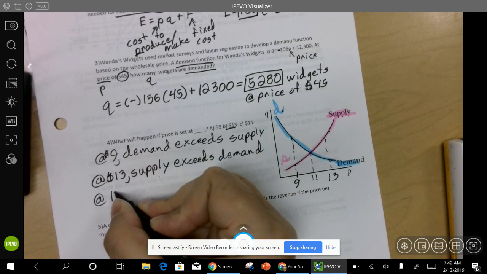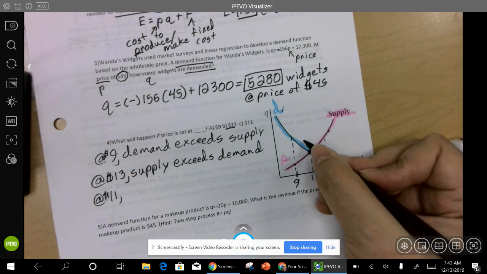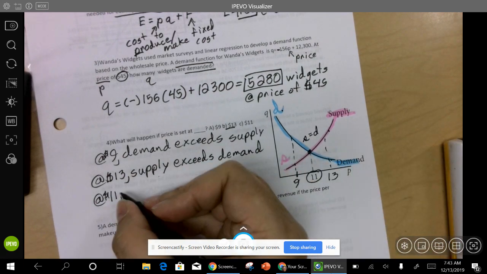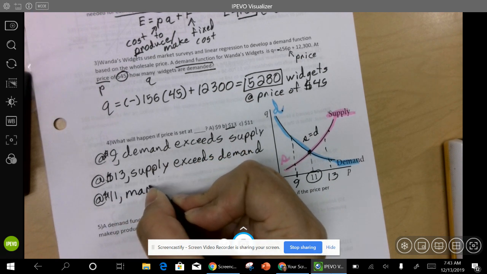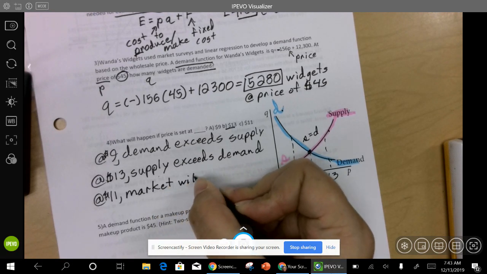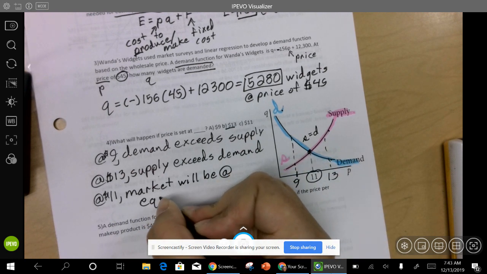Okay, at $11, everybody, that's right here. Supply is equal to the demand. So the market will be at equilibrium. So they are equal, at equilibrium.